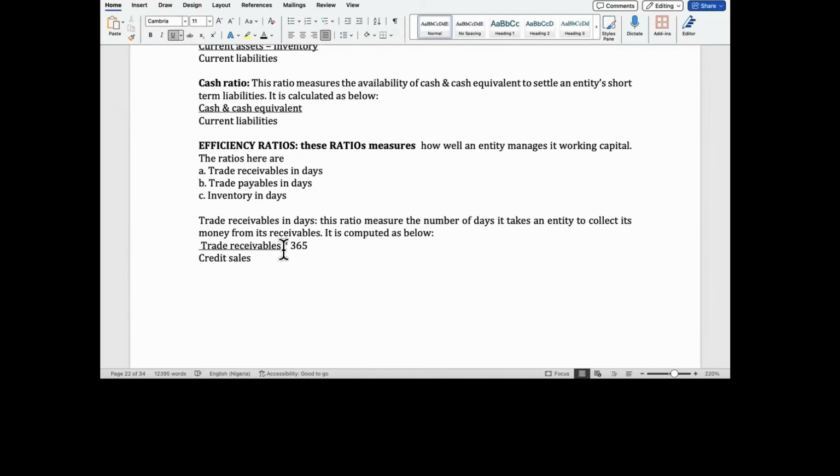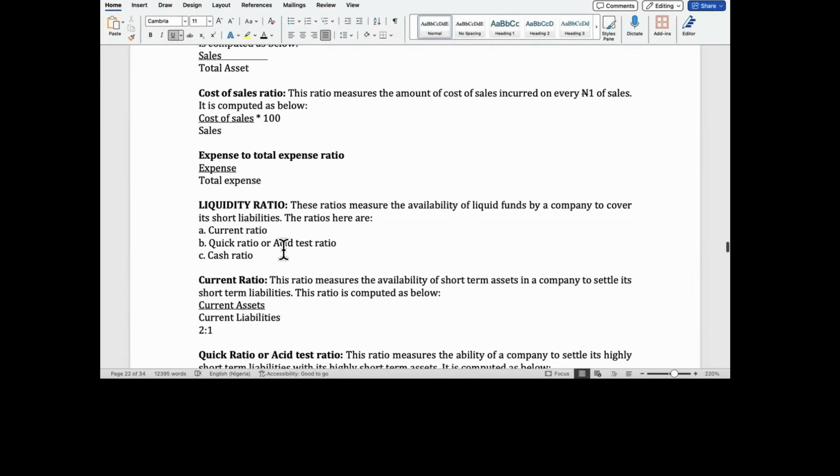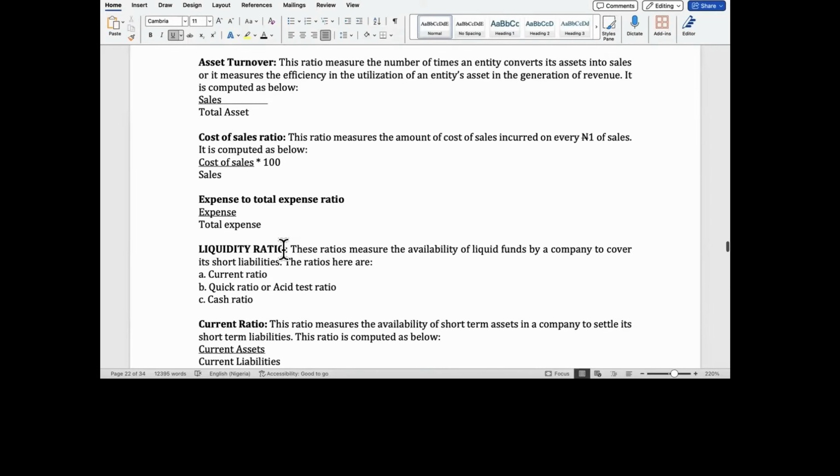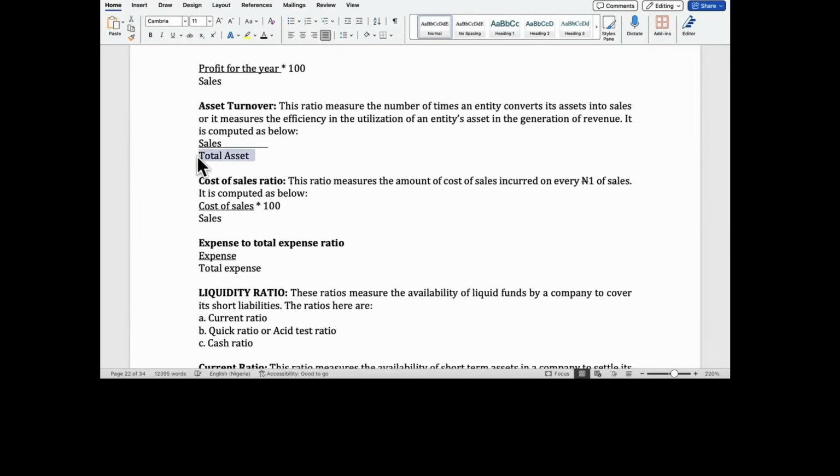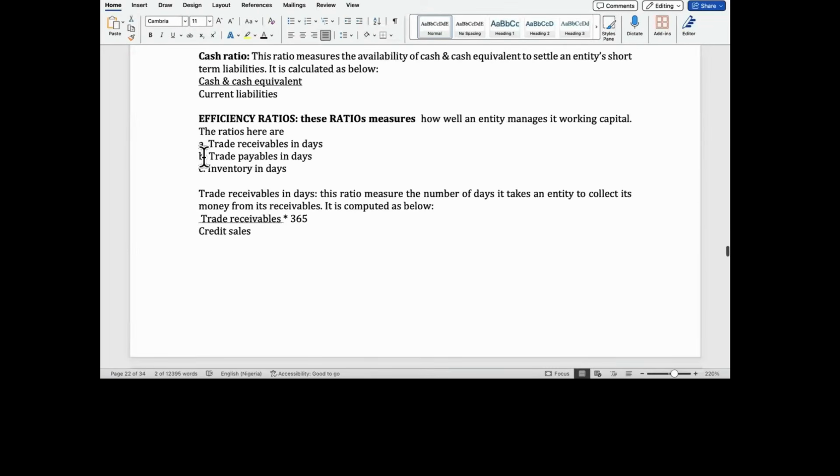If you do credit sales over receivables, that is another ratio they call trade receivables turnover, which is not a ratio that makes so much sense, so we don't usually use it. Just like asset turnover, where assets is the denominator: if they give you anything turnover, that thing will be the denominator. So if trade receivables becomes the denominator, that's receivables turnover.